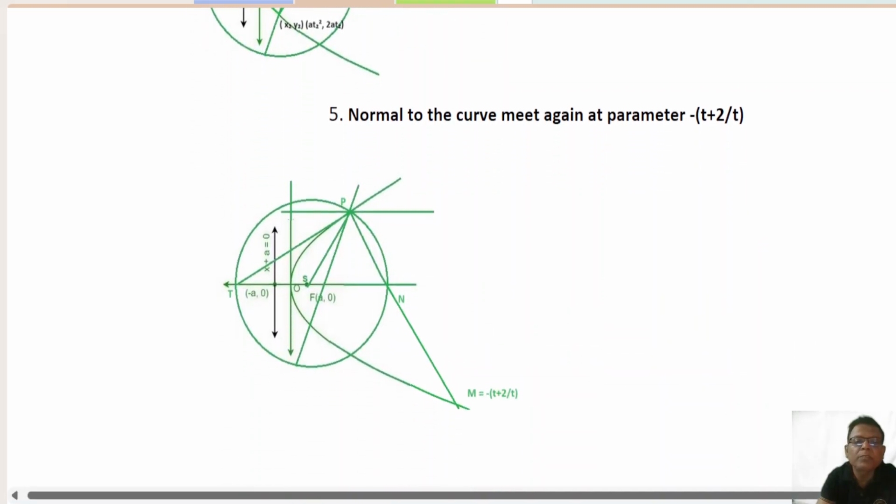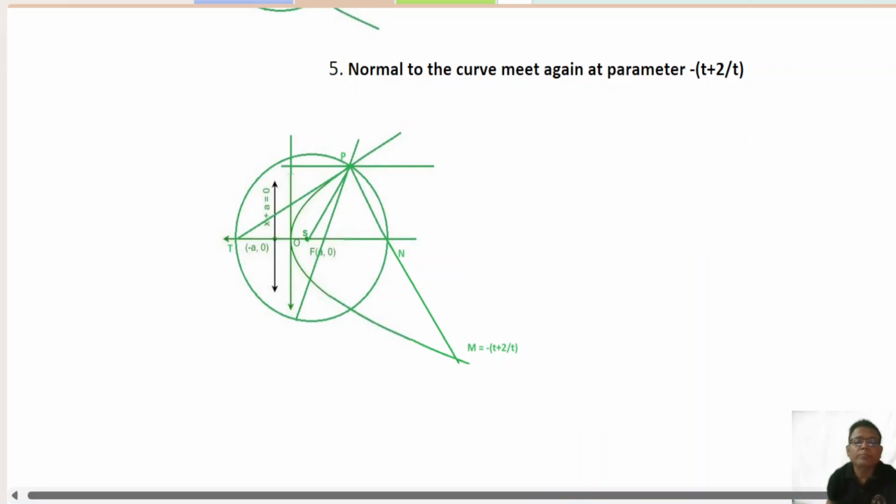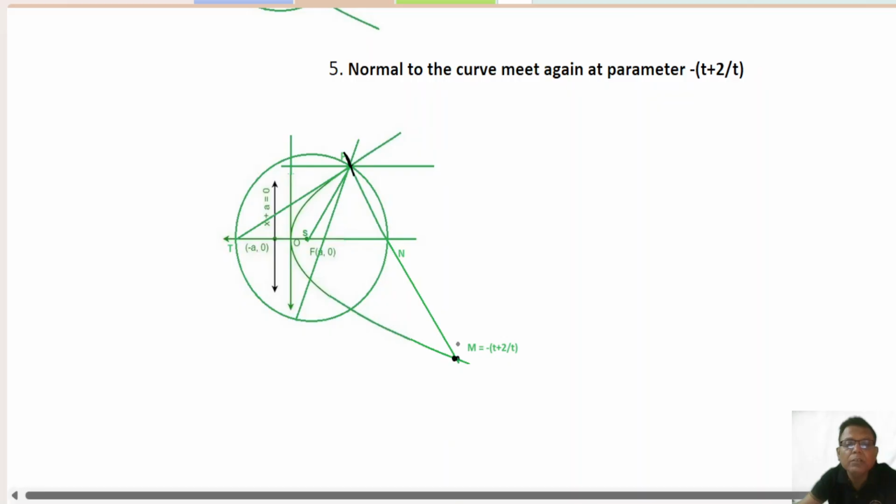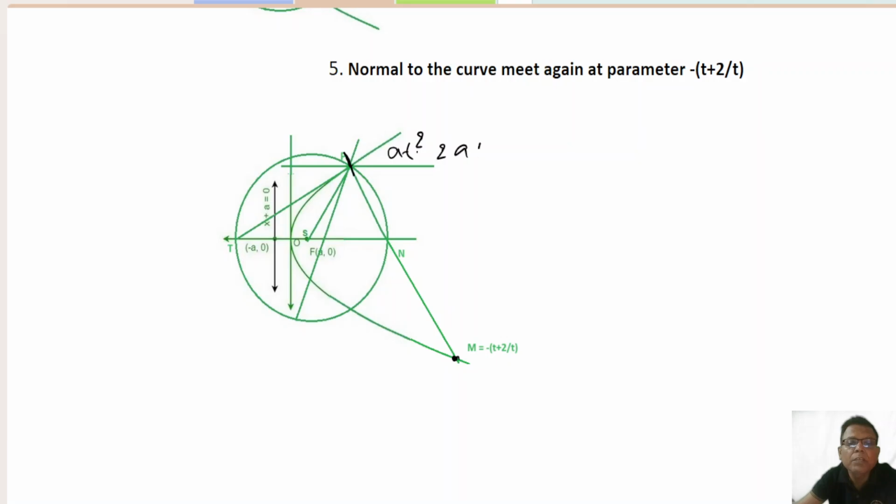Now come to the last property of normal. Suppose this normal cuts here and this cuts here. Suppose this point is (a t square, 2a t).